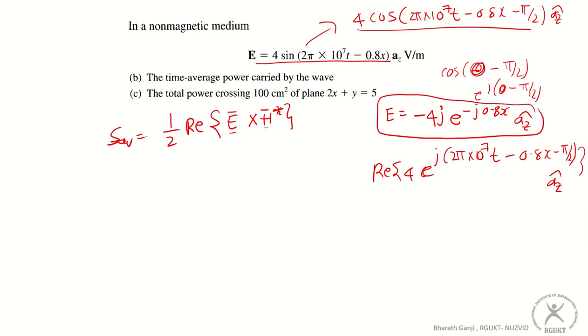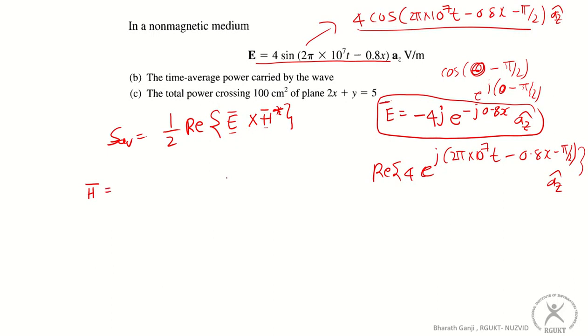So you have the electric field phasor form. What you want is the magnetic field phasor form. So how do you get the phasor form for magnetic field? I'll write H bar, something like this. H bar and E bar are related by eta. That is what I told you.